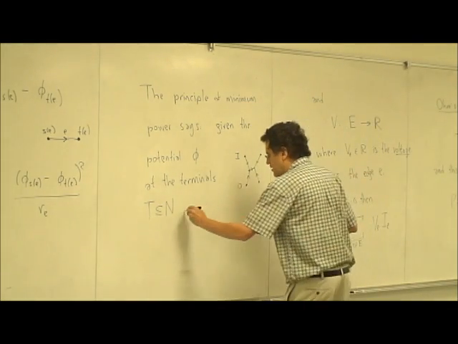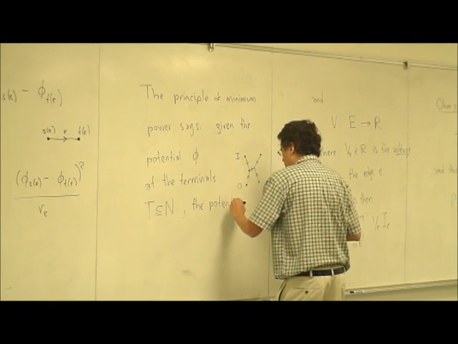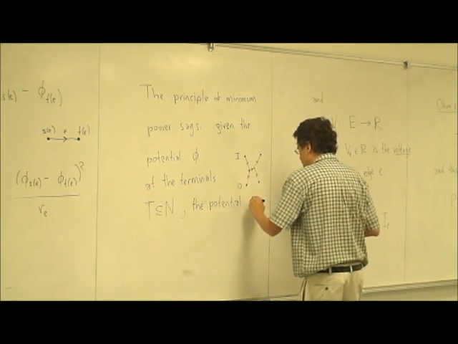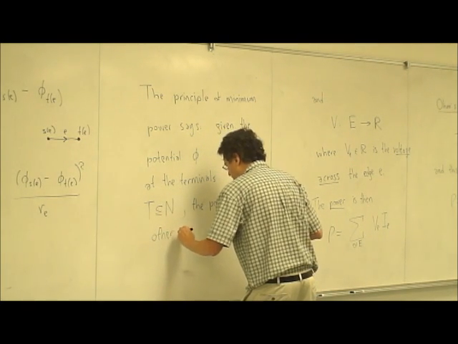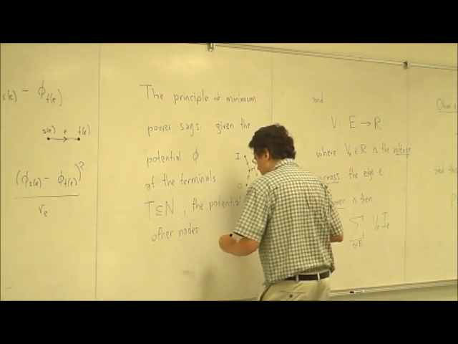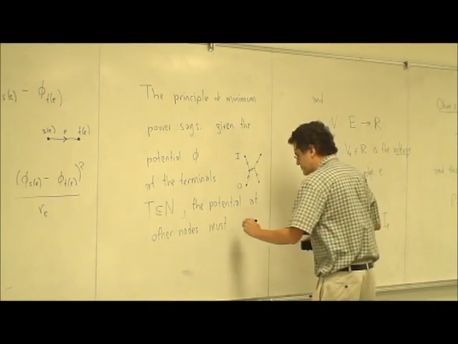Then the potential everywhere else, that is at the other nodes, has to minimize the power.